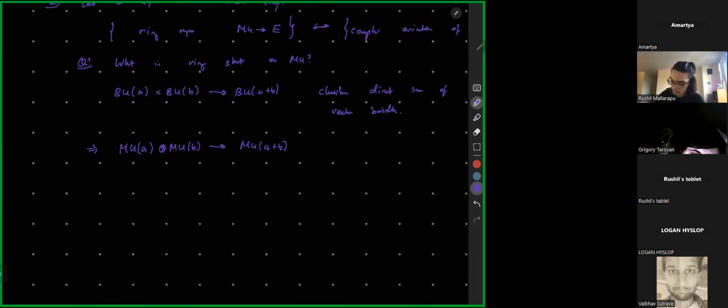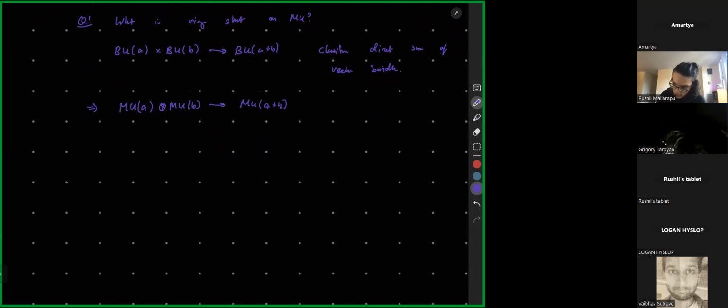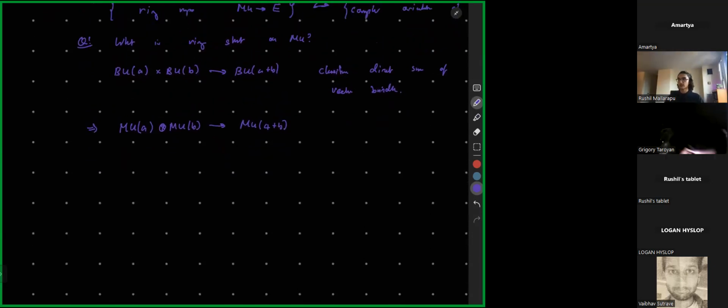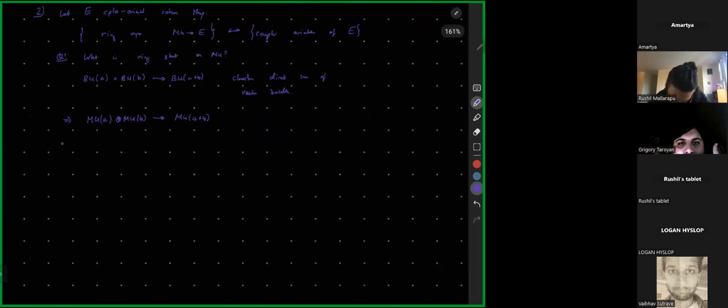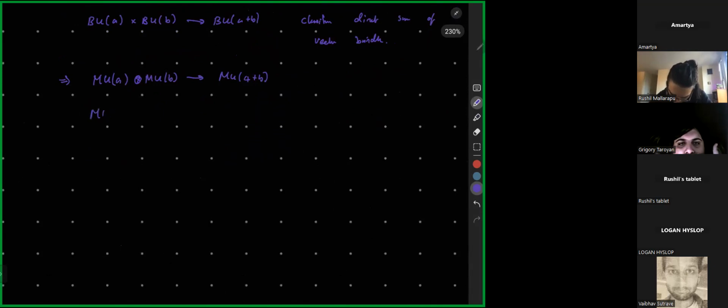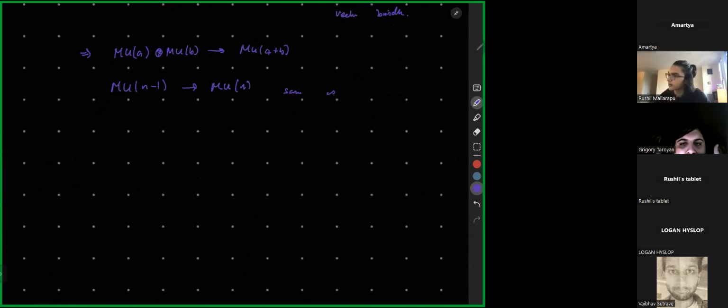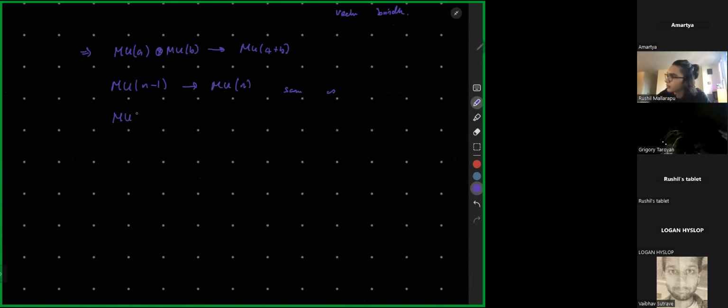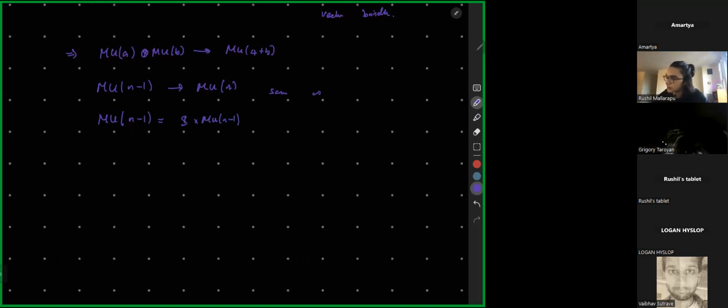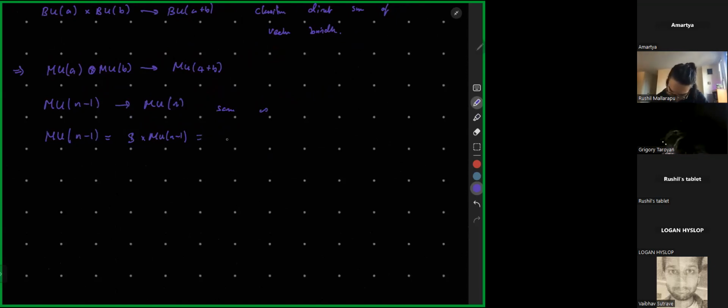And now, importantly, because of what we've identified as the inclusion maps here, we know that the map MU_{n-1} to MU_n is the same as the map from MU_{n-1}, which is just the sphere times MU_{n-1}, which is just MU_0 times MU_{n-1}.